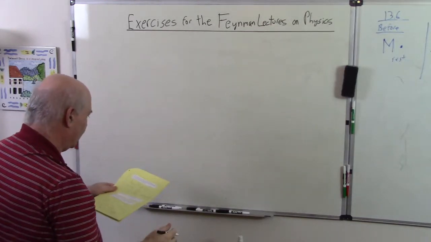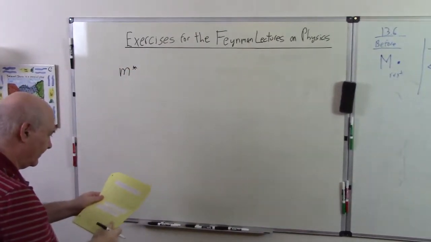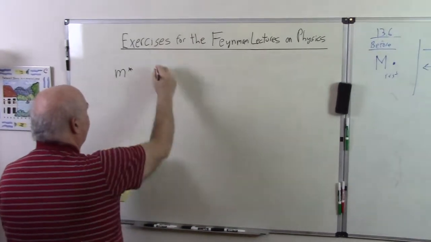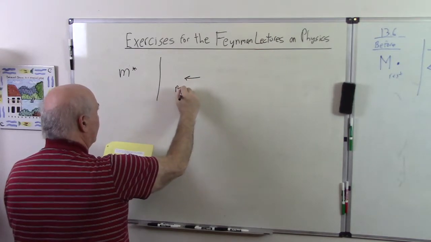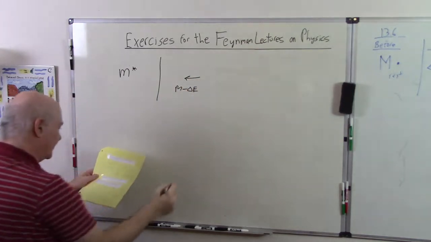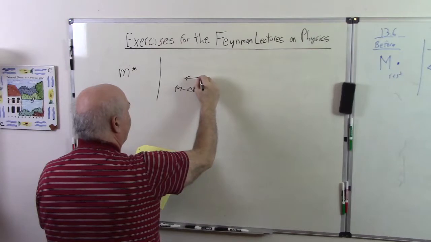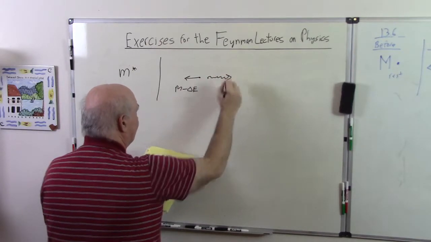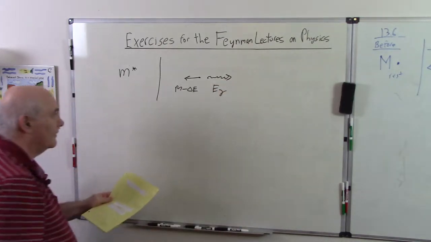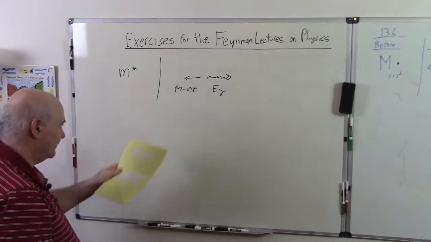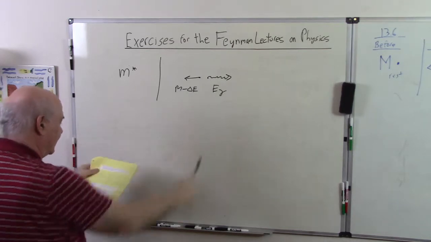Let's say we have an excited atom of mass m star, so that represents an atom, and it decays and ends up having a mass of m minus del E. It emits a gamma ray, a photon, and squiggly lines are usually photons, and E gamma. So this is our before and our after, and in a sense we're taking into account the recoil of the atom when it emits the photon.